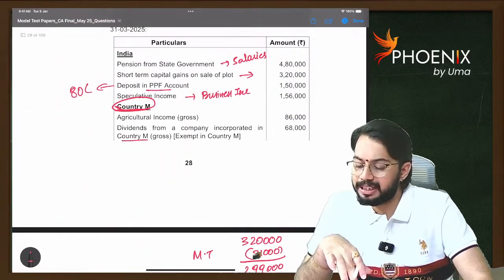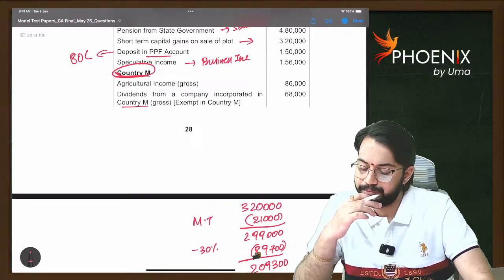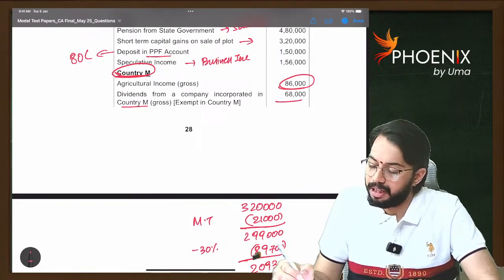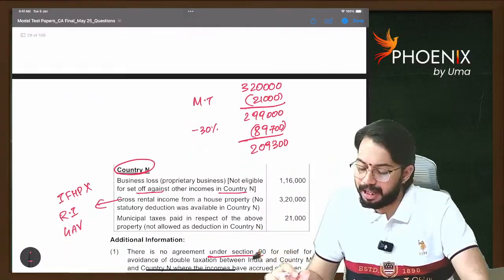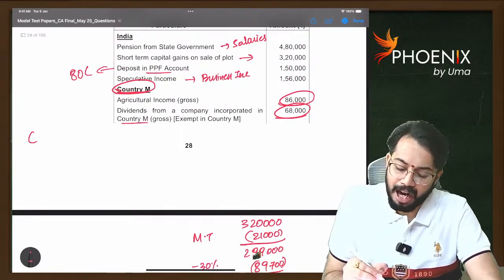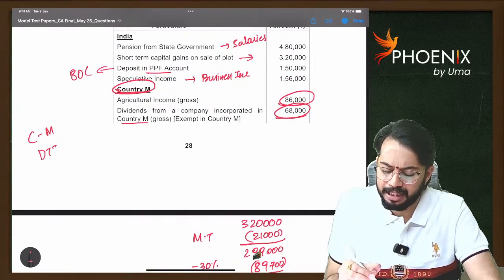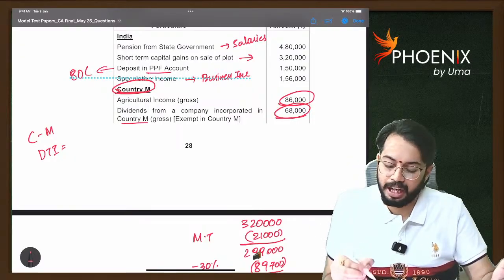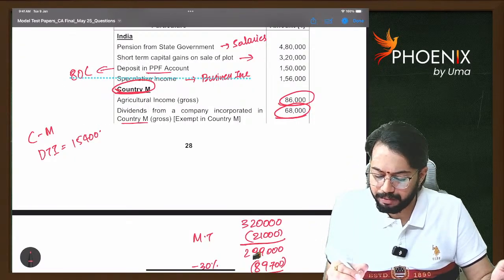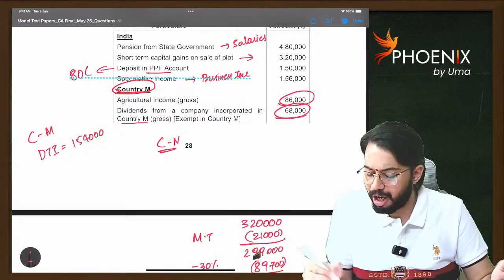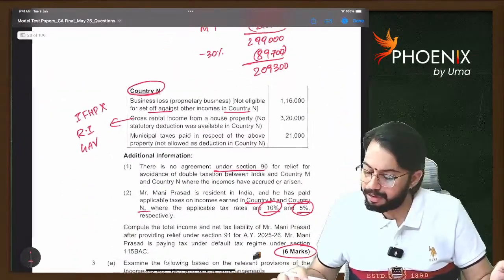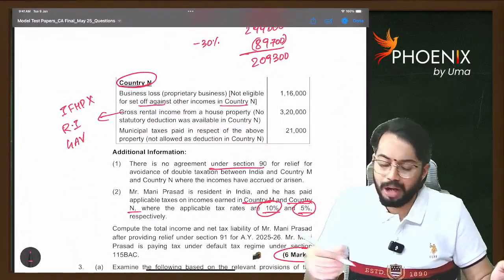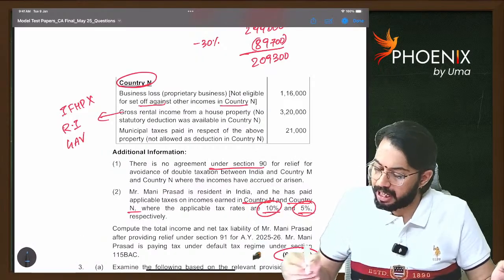Now, how much is doubly taxed income? Agricultural income, dividend income, both are taxable in India, right? So for country M, doubly taxed income is 86,000 plus 68,000, that is 1,54,000. For country N, how much is doubly taxed income? For country N, 2,09,300 is income.